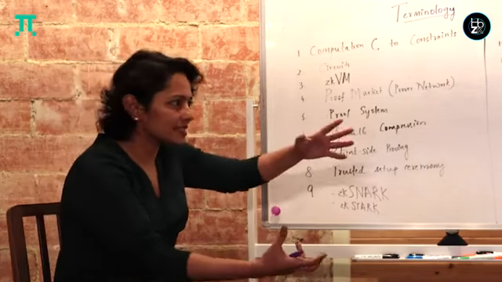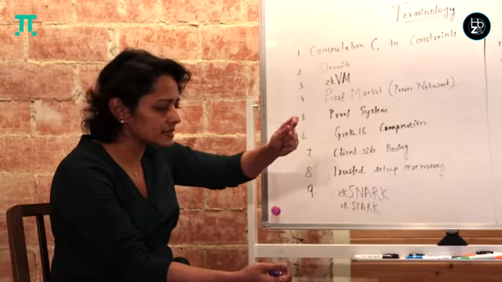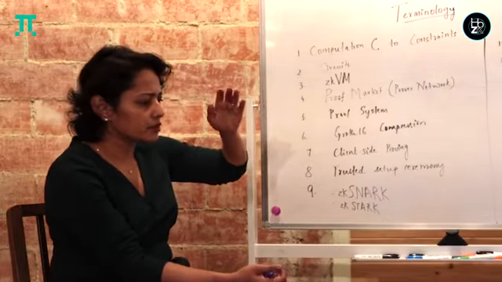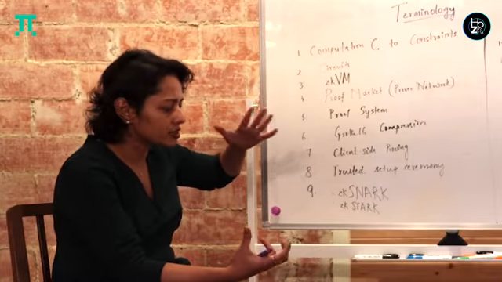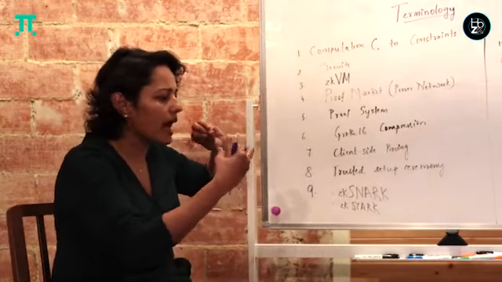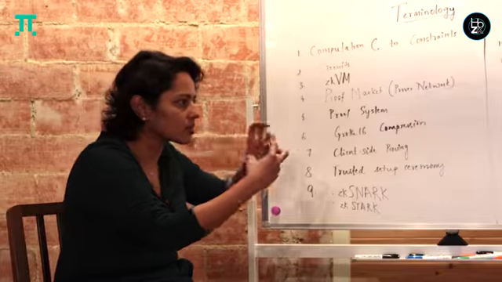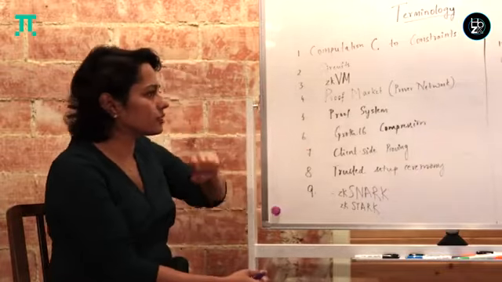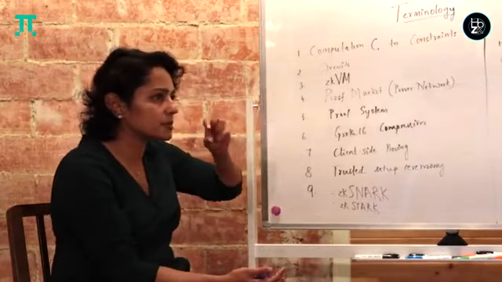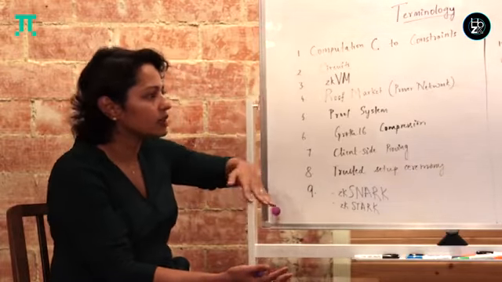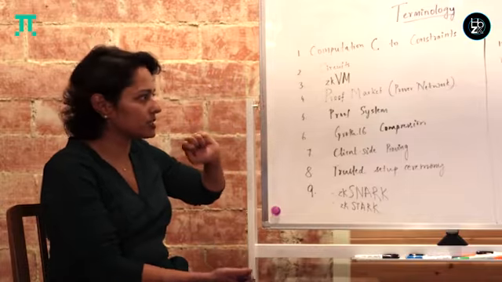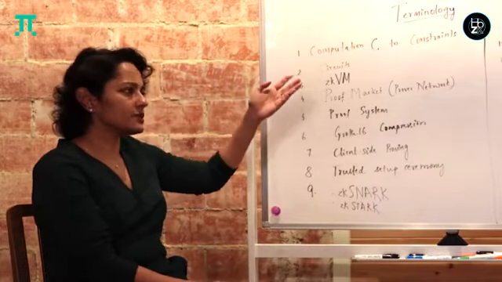So that's constraints. It is just what it says. It's a constraint on how the numbers are related, and it represents a part of the computation, and all these constraints put together represent the entirety of the computation. So that is one word.